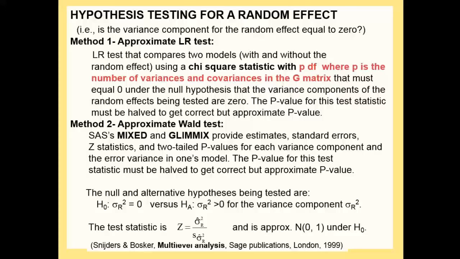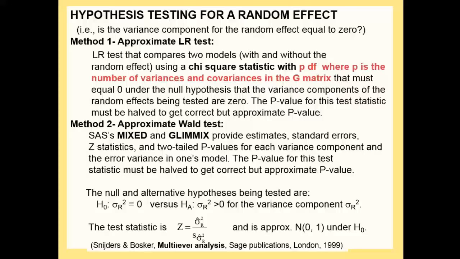Okay? So if the random intercept is not significant, or if there's no meaningful random intercept, what can you say about that variance? Normal, 0 variance. Variance has to be 0.